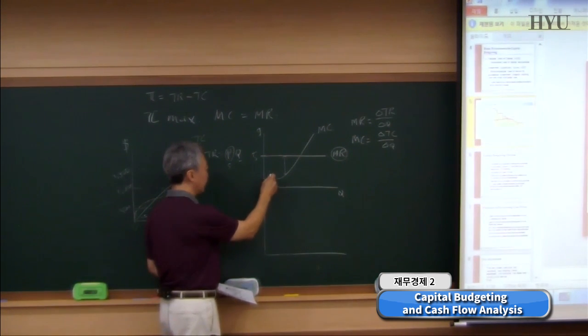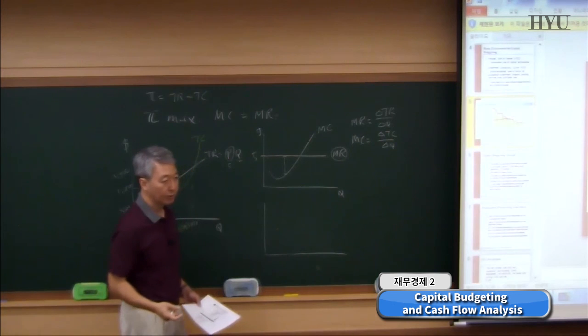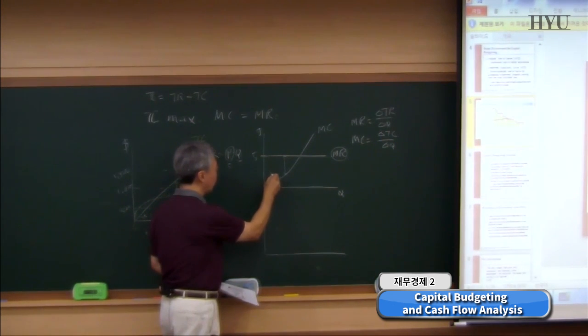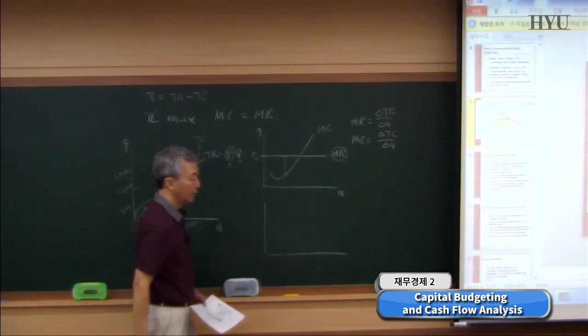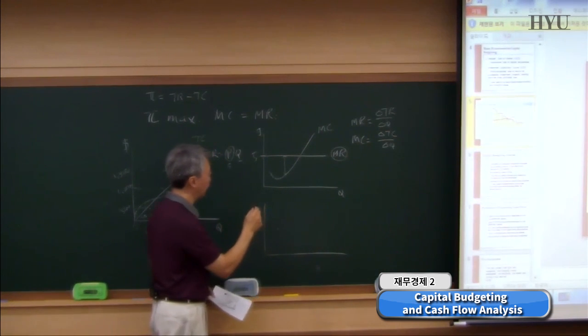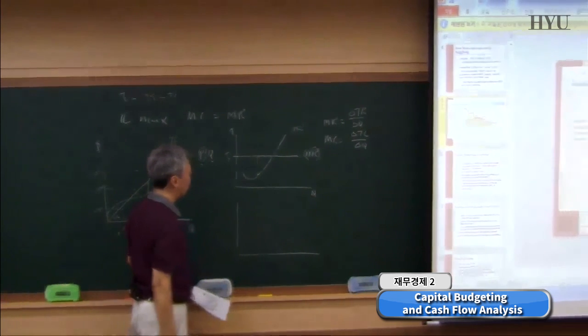Marginal cost, you're talking about every time you produce one more unit, what happens to your total cost, right? Apparently, initially the marginal cost decreases, right? But after a certain point, marginal cost increases, right?